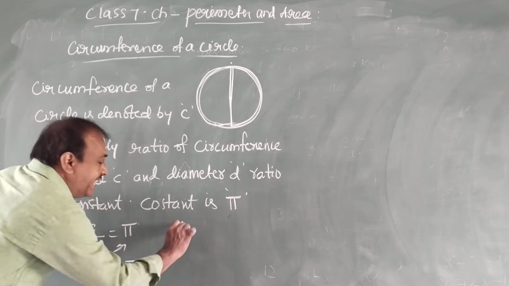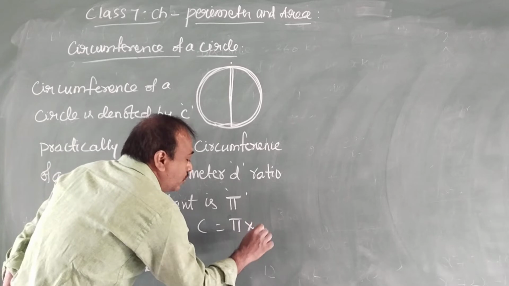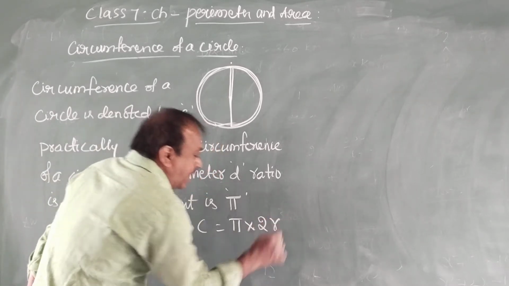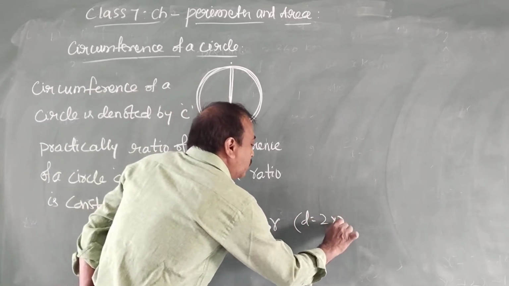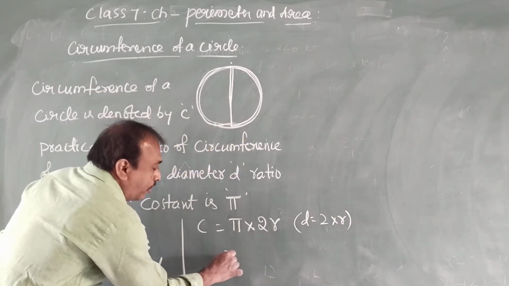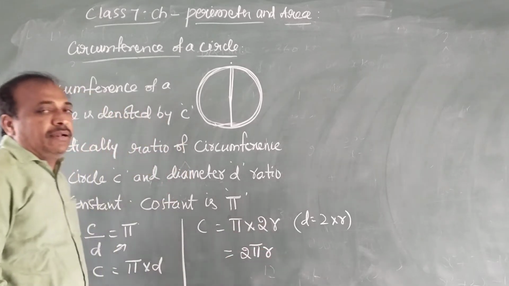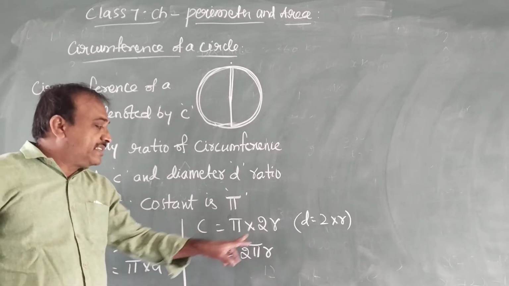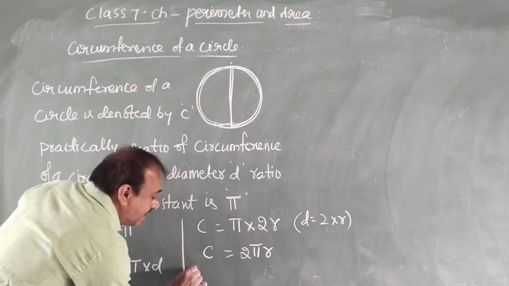C is equal to pi into D, where the diameter is 2 times its radius. So diameter is equal to 2 into r, you can write. Therefore, C is equal to 2 pi r.